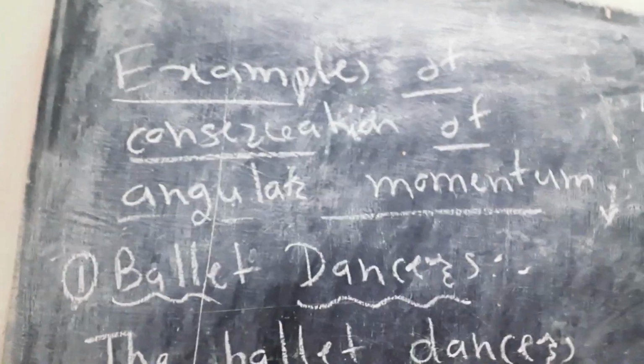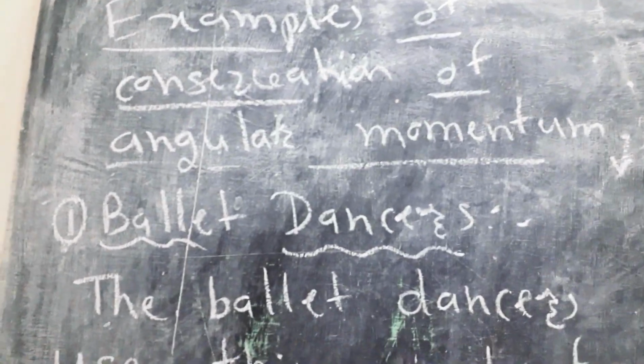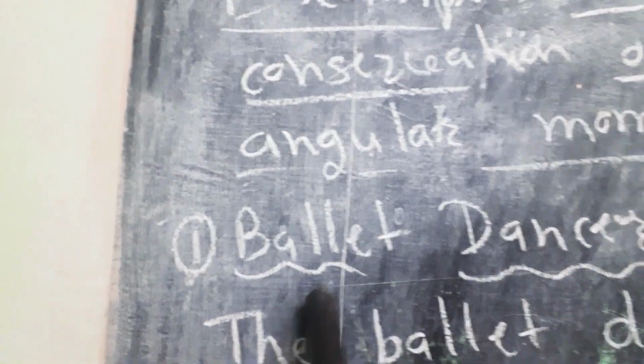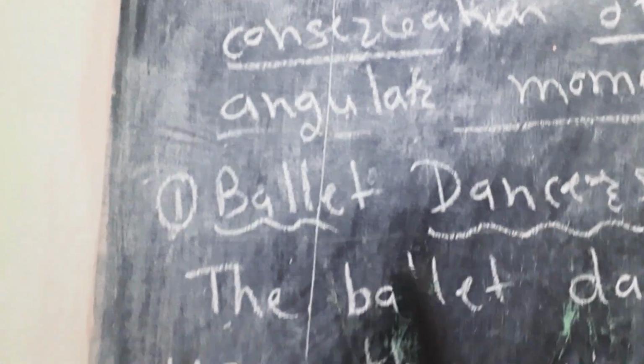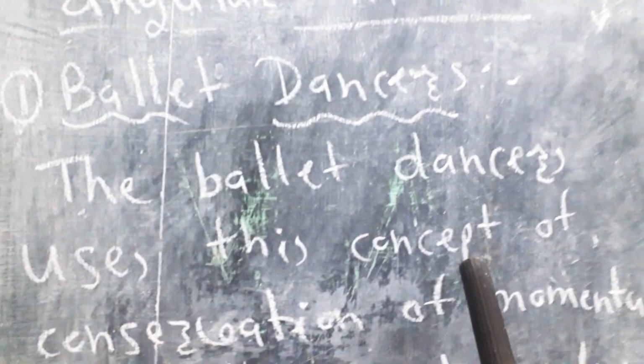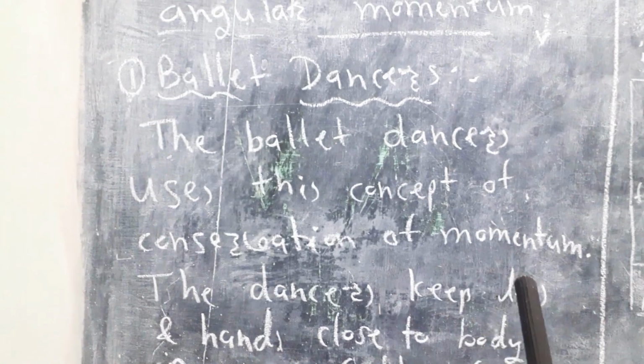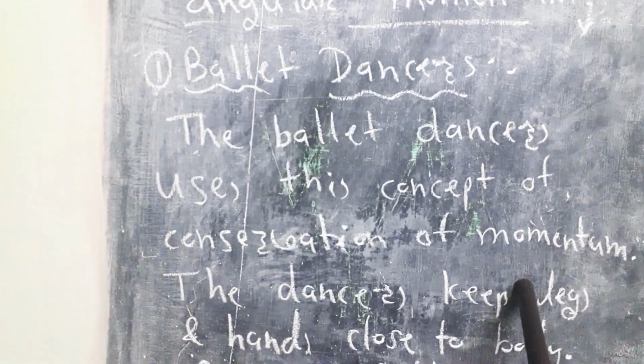Let us see examples of conservation of angular momentum. First example, the ballet dancer. The ballet dancer uses this concept of conservation of angular momentum.